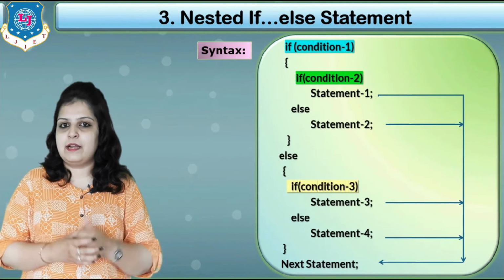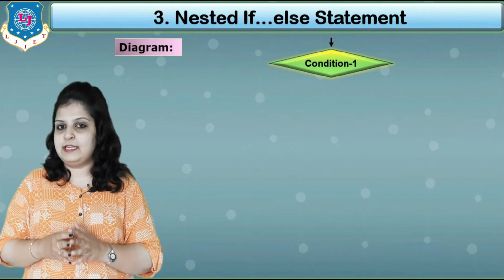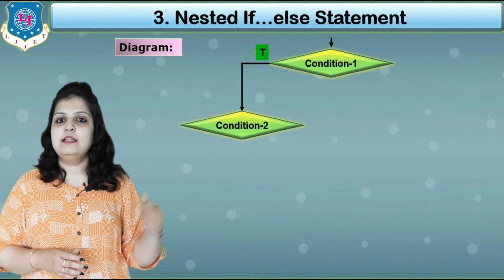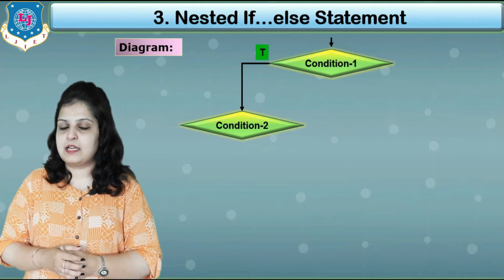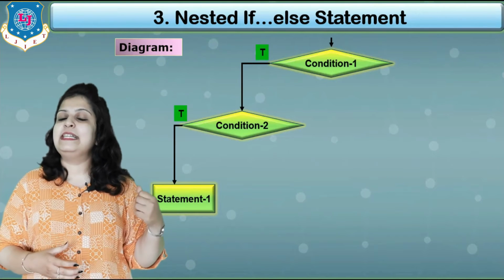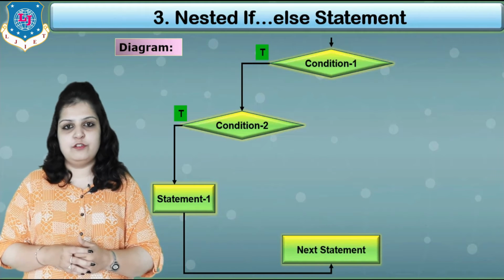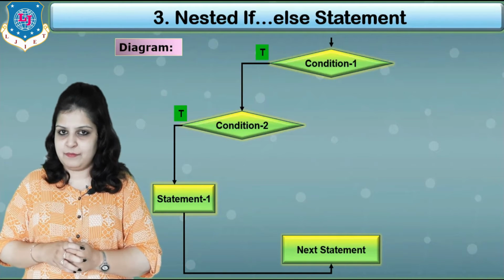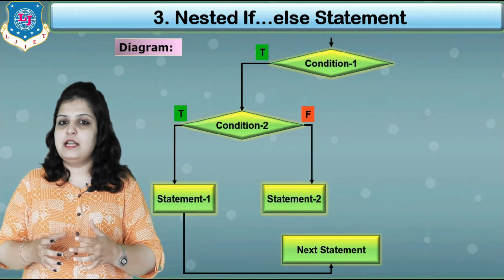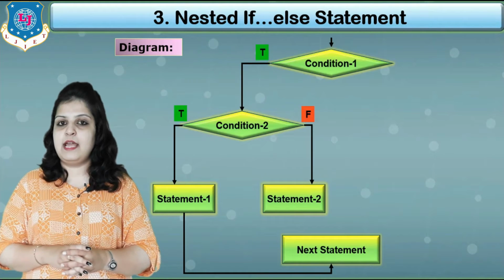Let's see the diagram. So first of all, condition 1 we have to write in a diamond symbol. If this condition is true, then condition 2 will be checked, and if this condition 2 is also true, then statement 1 will be executed and after that our control directly goes to the next statement. But if condition 2 becomes false, then in this case statement number 2 will be executed, right?